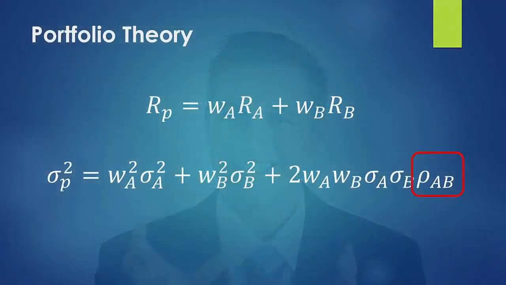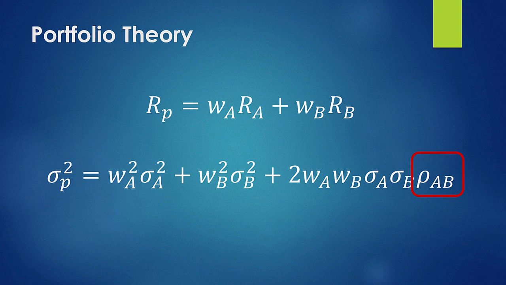And when you plug it into this equation, what you see is as the correlation coefficient reduces below 0, this whole part of the equation becomes negative. And so it starts reducing the risk. It reduces your overall portfolio risk.